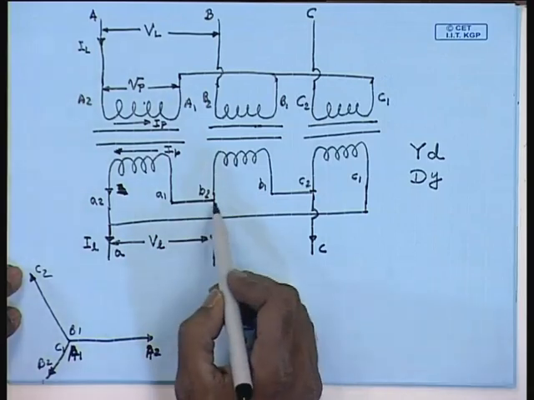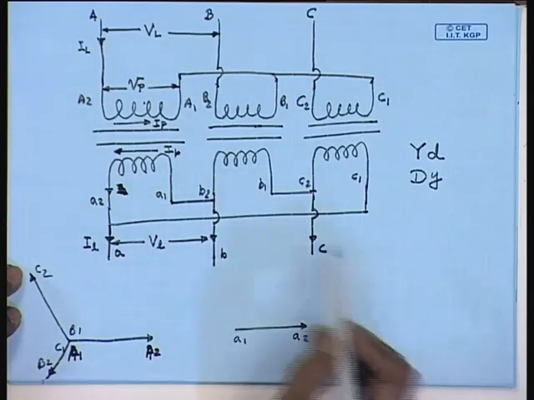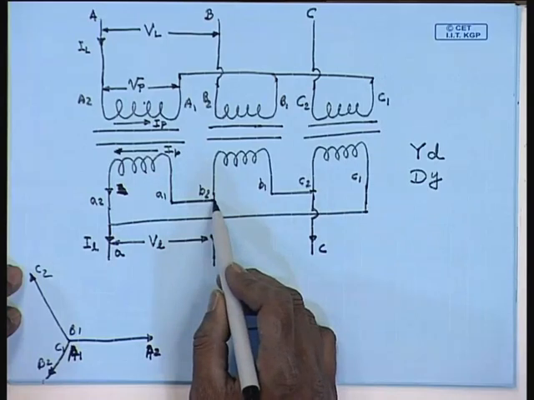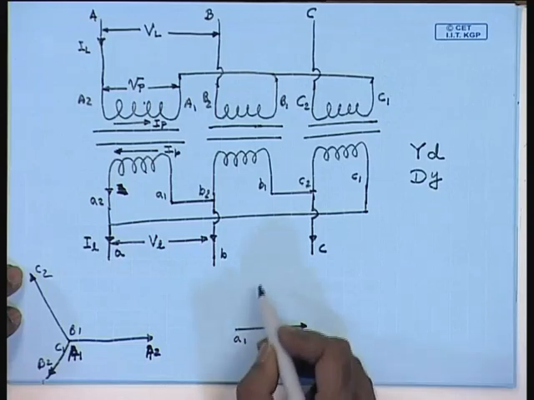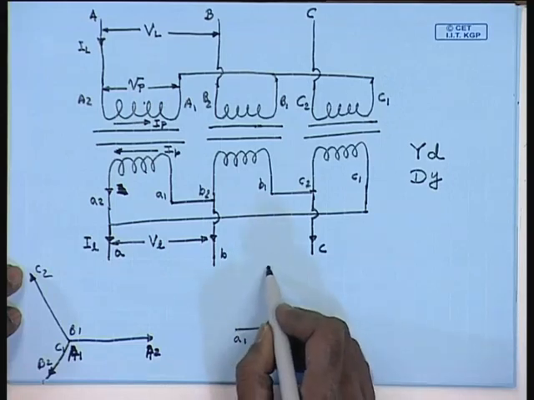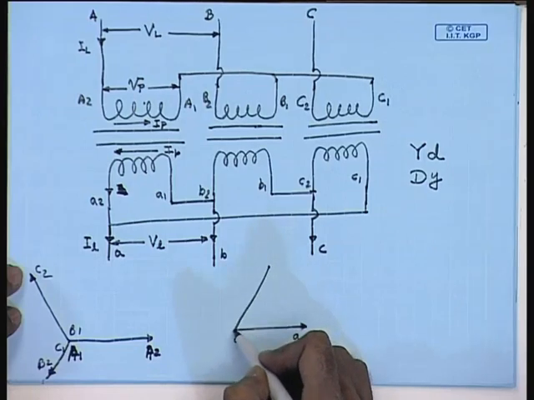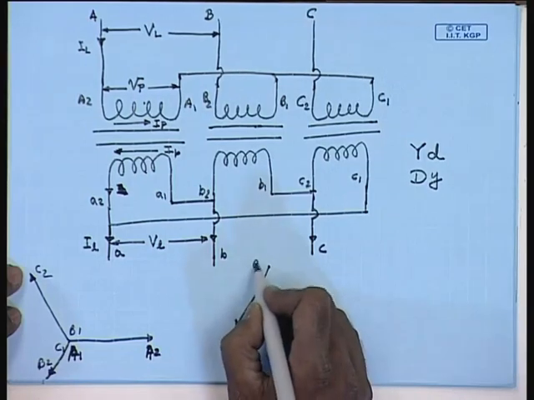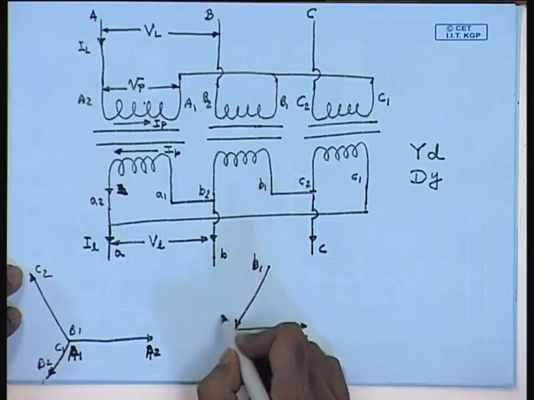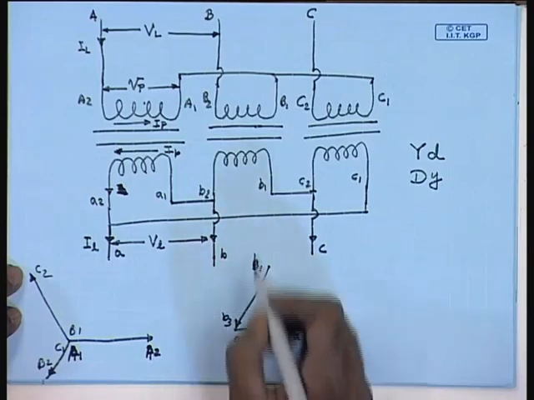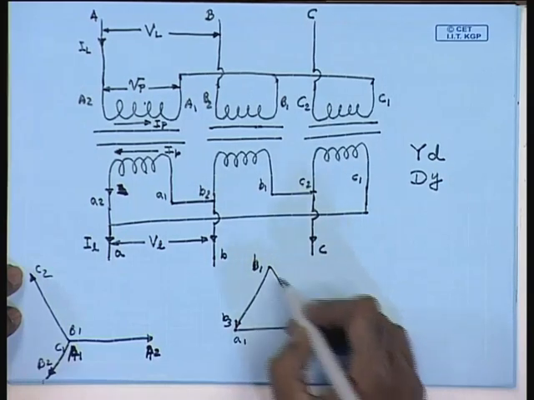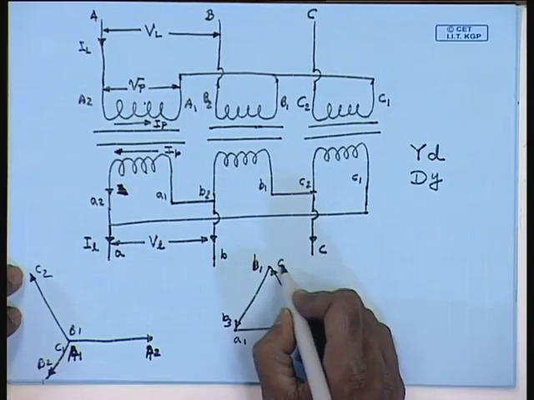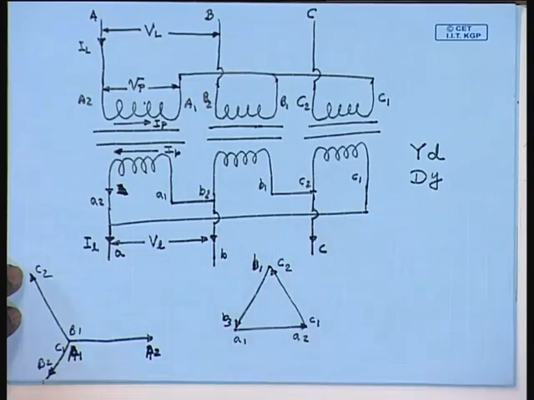Now, on the secondary side, a1 is connected to terminal b2. So, this will be the phasor b1, b2, and b1 is connected to c2. So, this will be the phasor c2, c1.